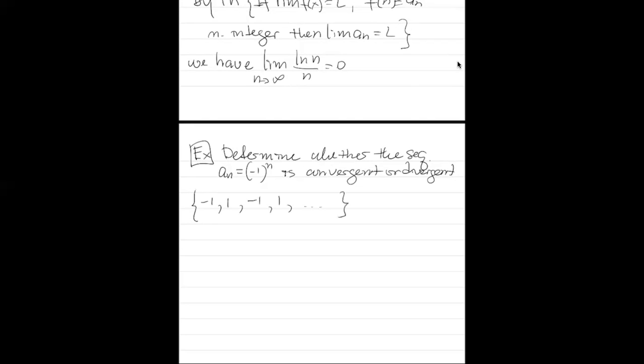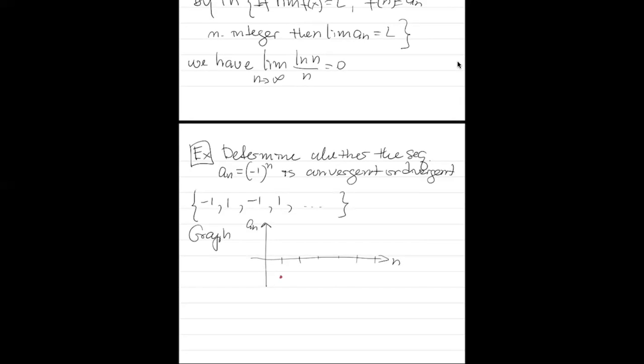It's an alternating sequence. If you want to graph it so we can demonstrate the elements here, so this is n, and this is a sub n. So the first element is -1. So if n equals 1, we have -1.